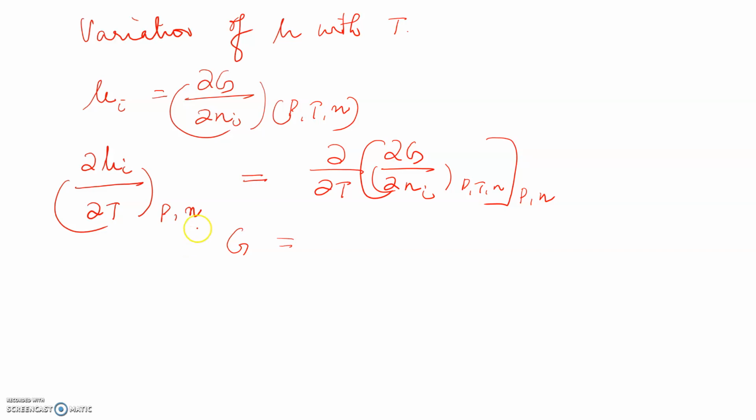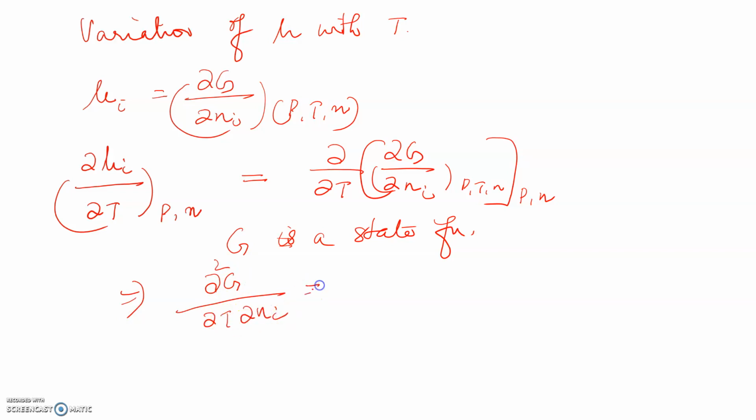This implies dou square G by dou T dou Ni will be equal to dou square G by dou Ni dou T.